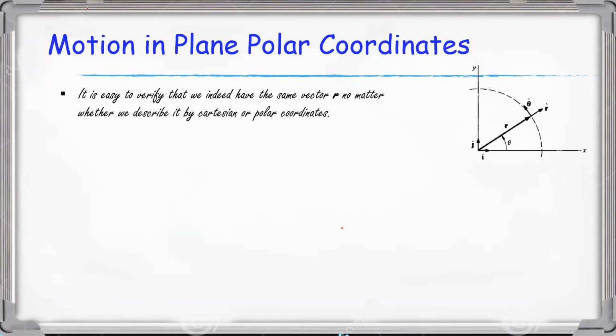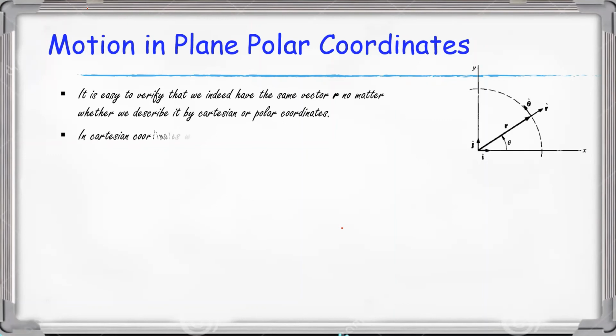Now our aim is to prove that whatever the coordinate system, Cartesian or polar, our vector r must be the same in the coordinate system.